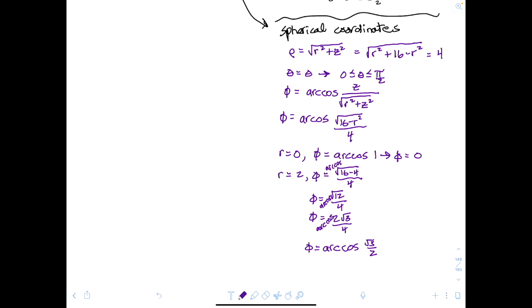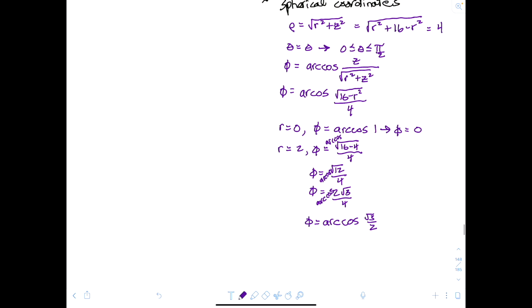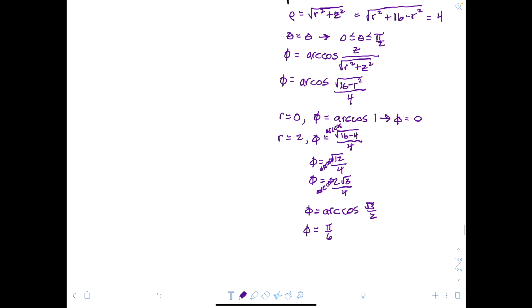So at what angle input from 0 to pi, because remember that's the bound on phi, do we get an output of root 3 over 2? That would be pi over 6, right? So phi would be pi over 6. Cool so far? So that means that 0 is less than or equal to phi is less than or equal to pi over 6. Groovy?